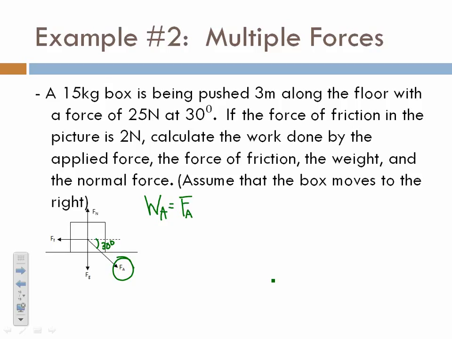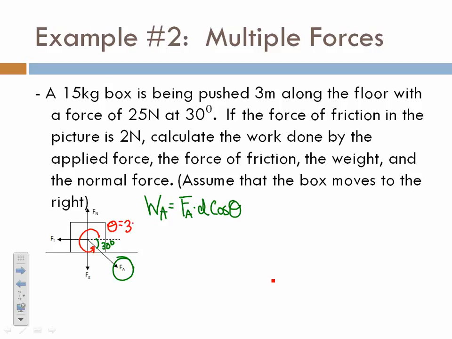So that will be force A times the distance times the cosine of the angle for A. All right. Well, if this is 30 degrees right down here, then we know that our standard angle, okay, is going to be what? So think about it.